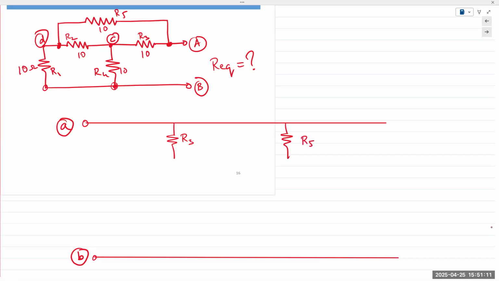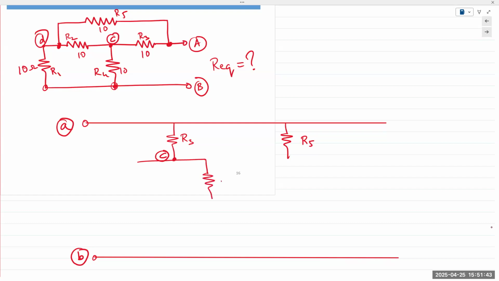All right. So now let's take a look at R3. R3 is going to which node? C. So that's C. Now, what is connected at C? 2 and 4. So not quite in parallel, not yet.